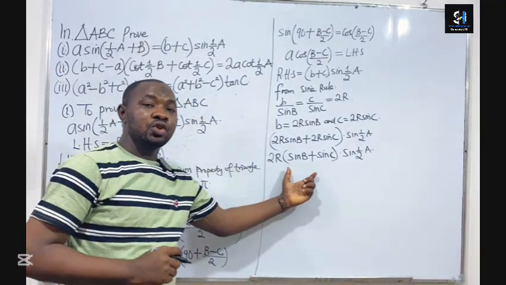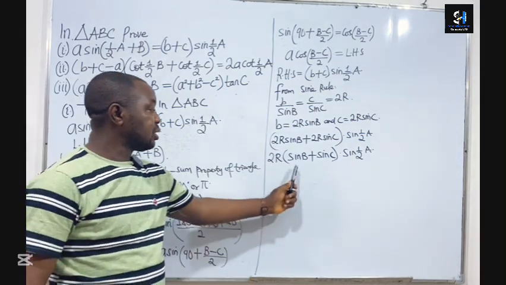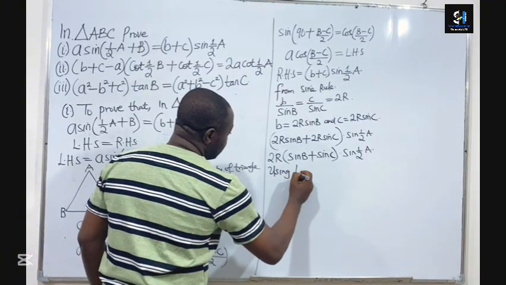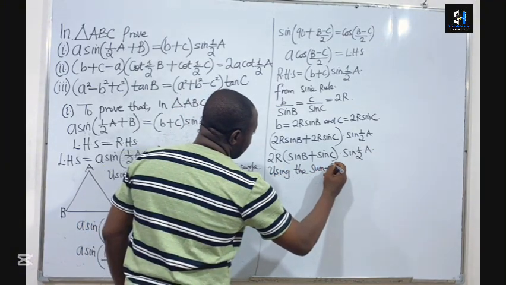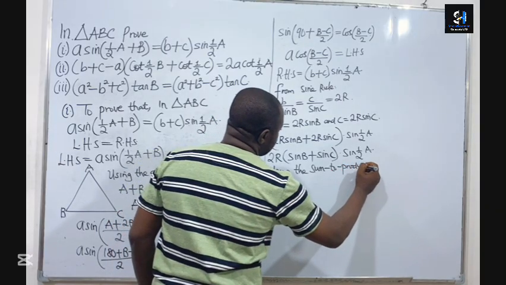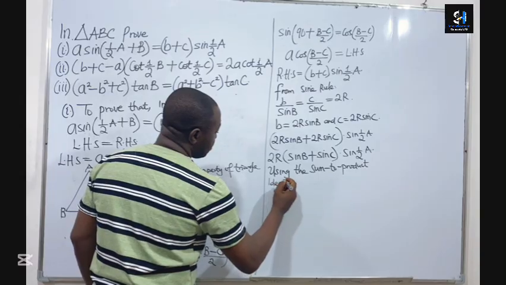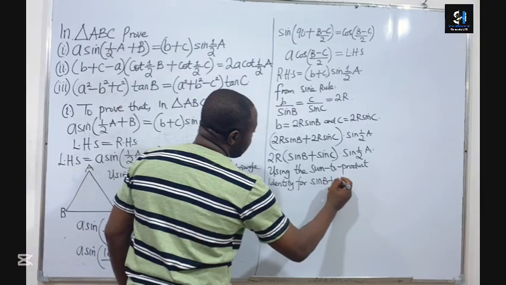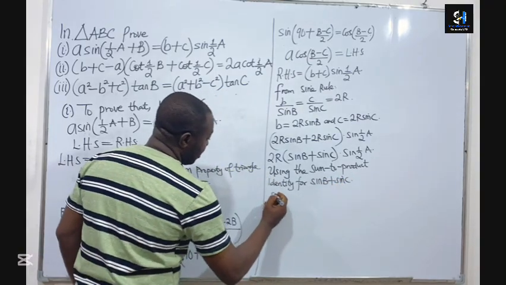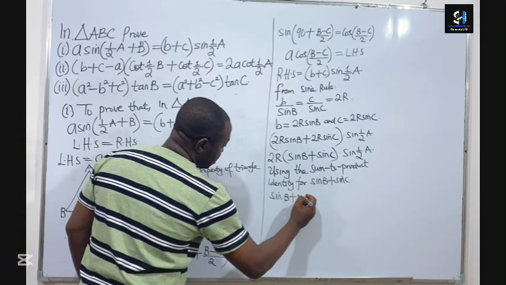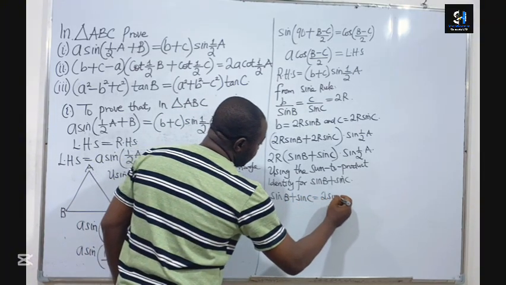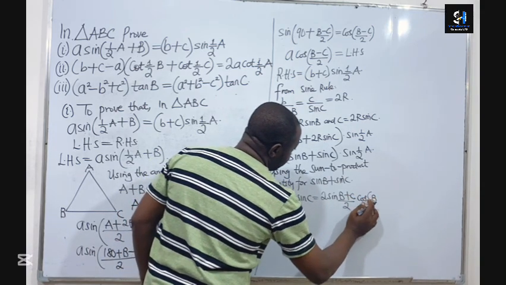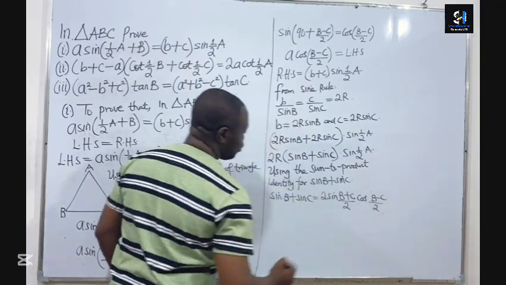So now I can use the sum to product identity for sine B plus sine C. Now sine B plus sine C will be 2 sine of (B plus C) over 2, then cos of (B minus C) over 2.